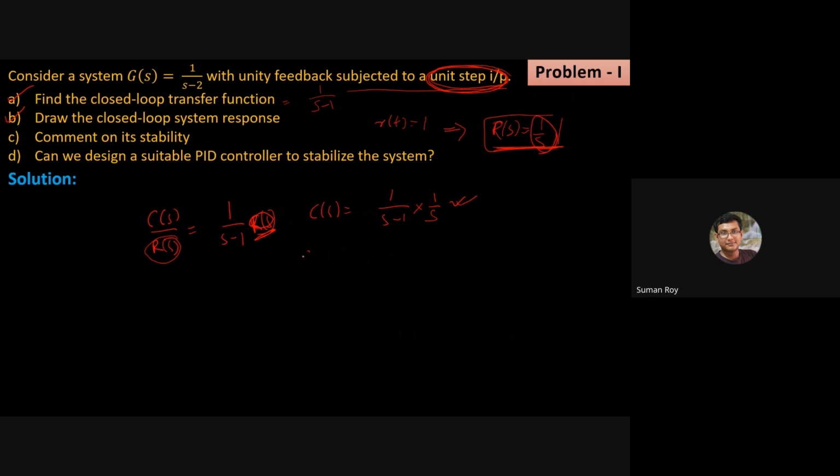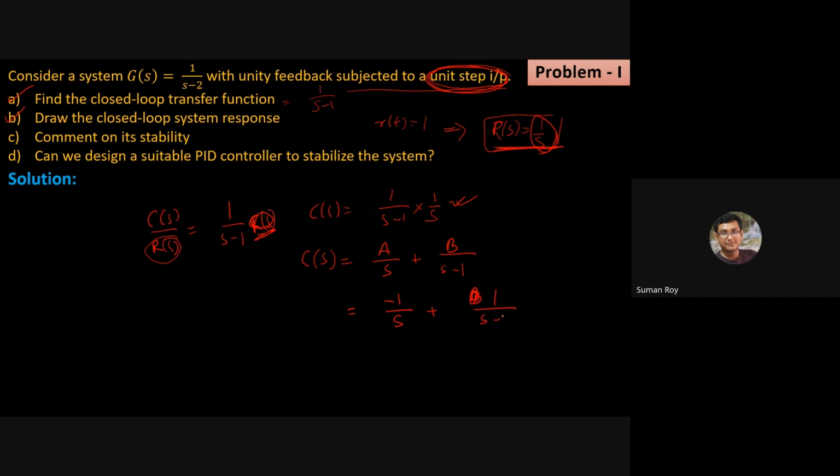From here you can easily see how to get c(t) by taking the inverse Laplace transformation. For that I need the partial fraction method. Let it be A by s plus B by s minus 1. If you calculate the partial fractions, due to time shortage I am not solving each step, but A will be minus 1 and B equal to plus 1.